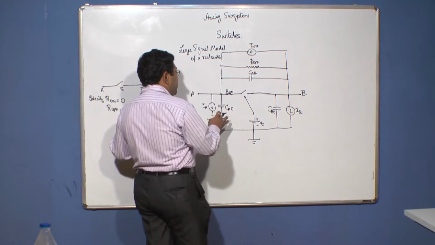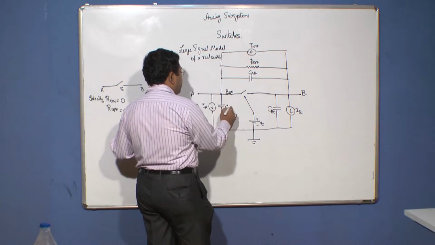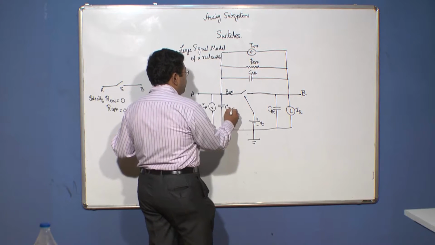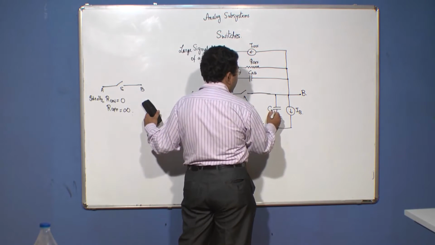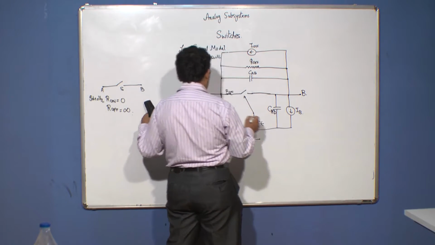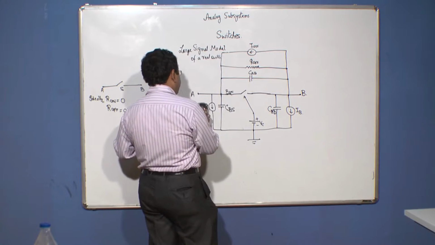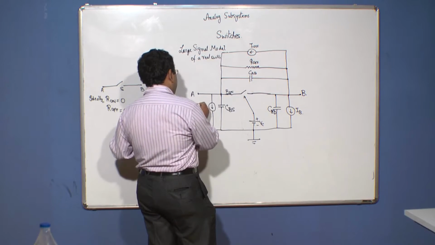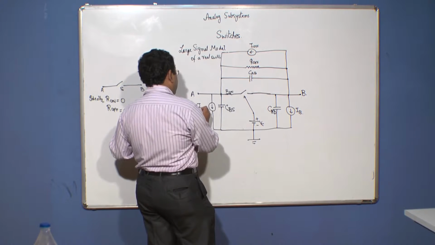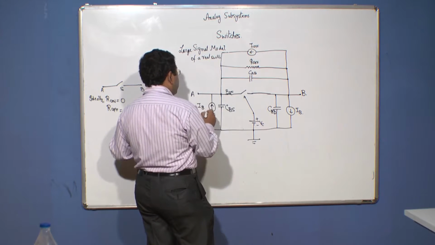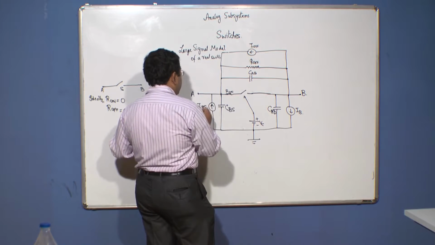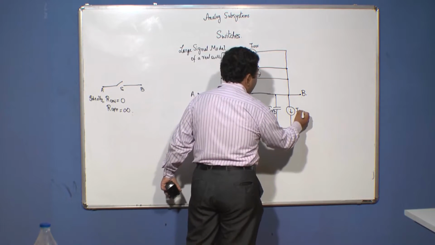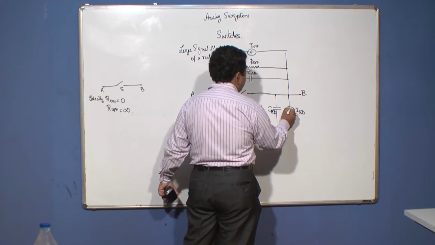Now, capacitances CSE and CBSE basically refer to bulk to source and bulk to drain capacitances, and the current flowing through the junctions are given by the bulk to source current and the bulk to drain current.